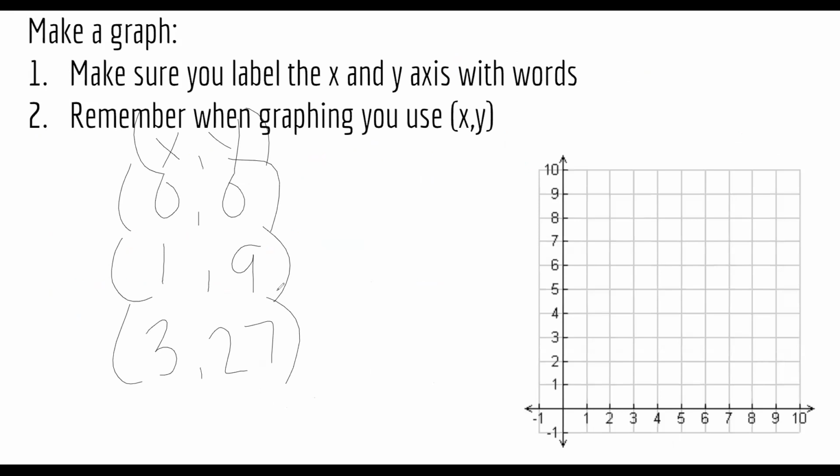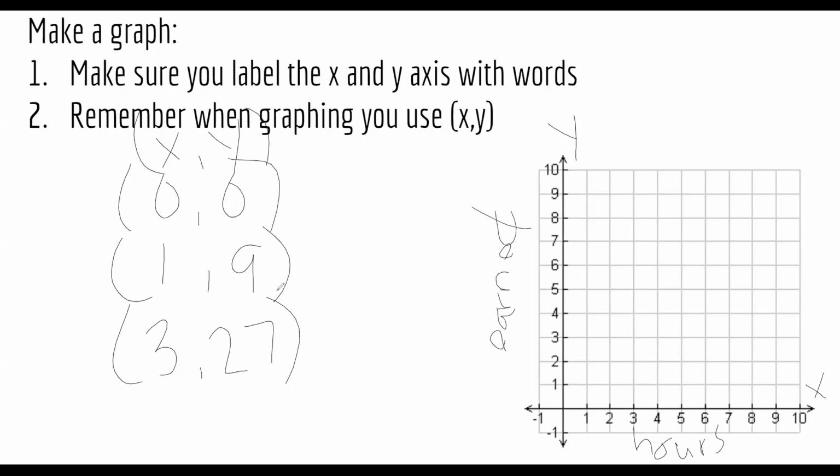In your book, it's already labeled with X and Y for you, so you at least know which one of those is correct. So my X in this case is my first number, which was represented by H. So this is going to be hours babysat, or you can just put hours. And this is going to be the amount that she earned.